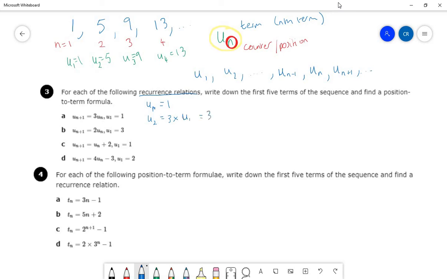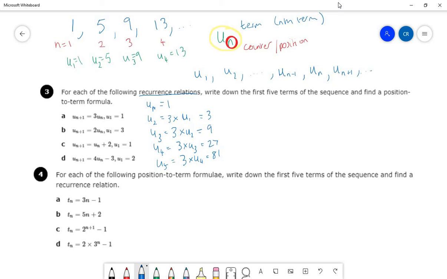So that would be 3. And then u3 is going to be 3 times u2. So I'm just replacing n with 1, then 2, then 3, and writing down what it gives me. Okay, hopefully that makes sense.